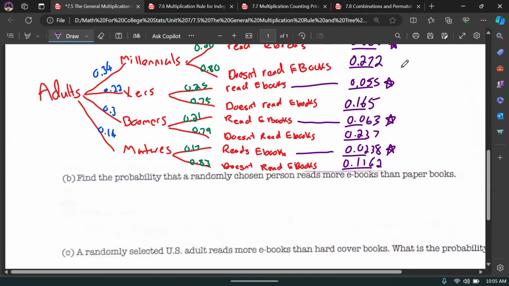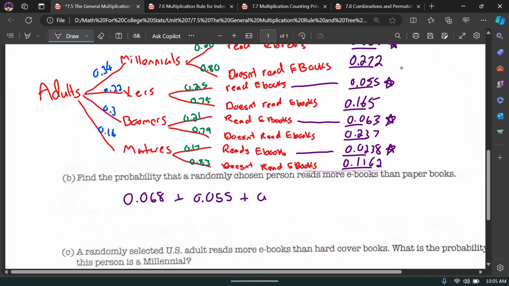So I'm simply going to take the 0.068 plus the 0.055 plus the 0.063 plus the 0.0238. And when I do that, I get a total of 0.2098. So about 20 or 21% of the population reads an ebook, right?